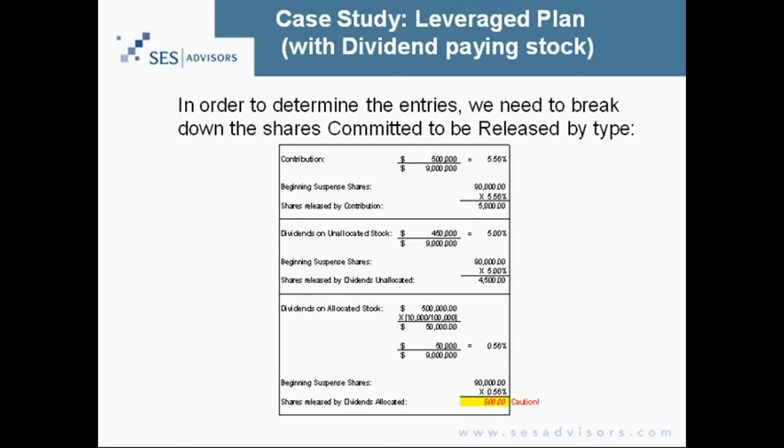And again, dividends on allocated stock, you can see the math there. 10,000 shares were allocated out of 100,000. That's $50,000 of dividend on allocated stock this year, applying the same ratio, and getting 500. But I've added a caution there. There's another layer to this equation that we're going to go through.